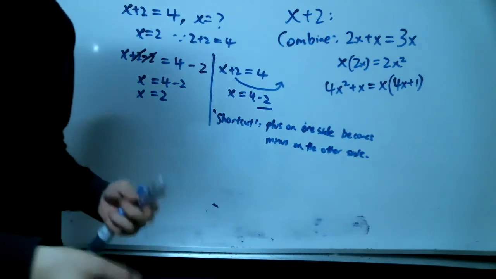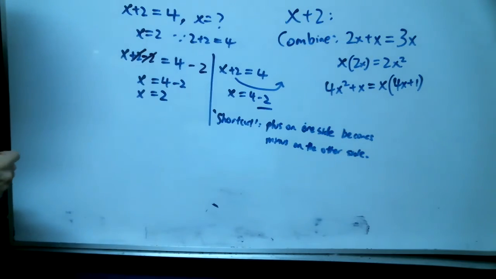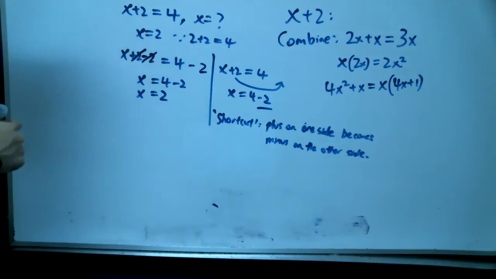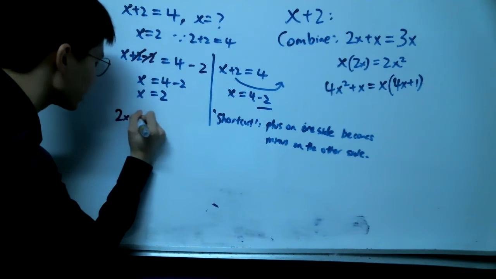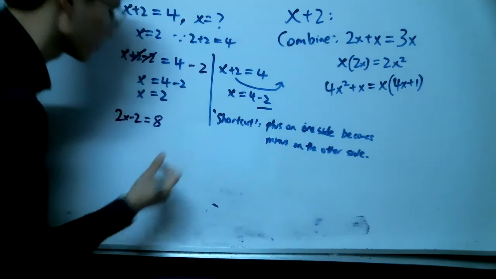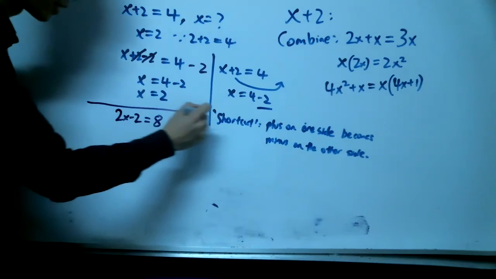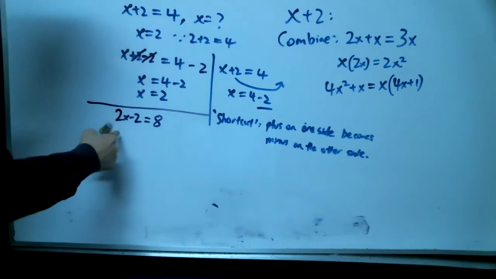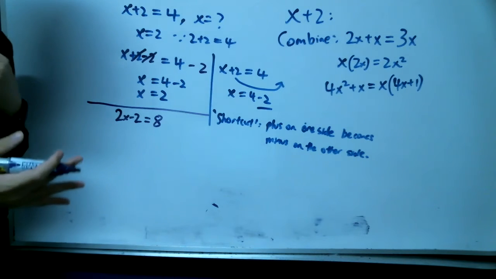Okay, and likewise, if we were to see something else, let's say 2x minus 2 equal to 8. So this is a different question altogether, and I want to get an answer for just x. How do we do that?